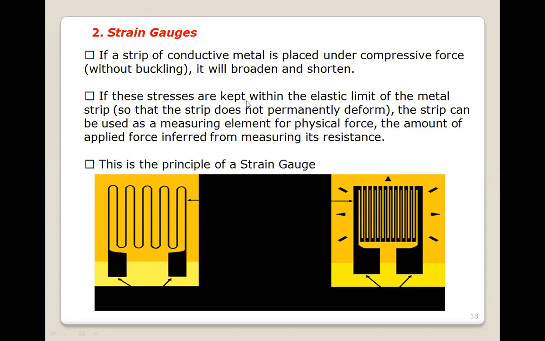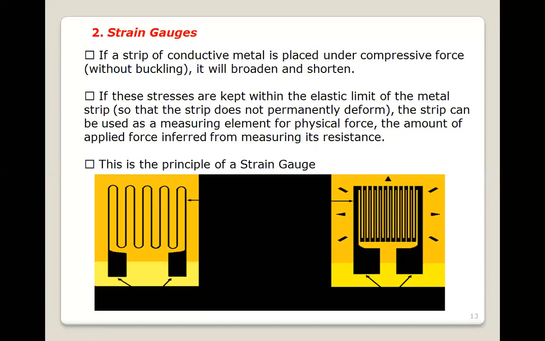If the stress is kept within the elastic limit of a metal strip, then the strip can be used as a measuring element for a physical force, and the amount of applied force is inferred from the measured resistance. This type of strain gauge is based on the compression or elongation of a metal strip.